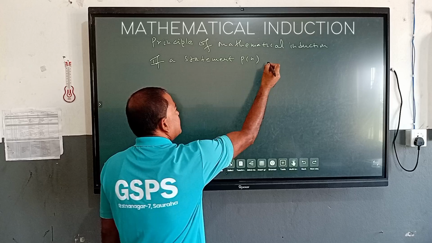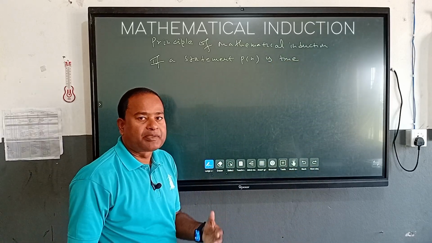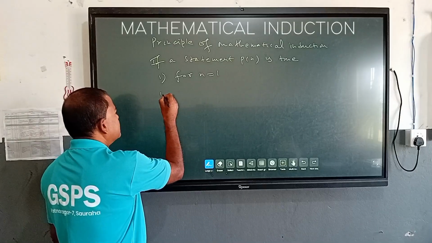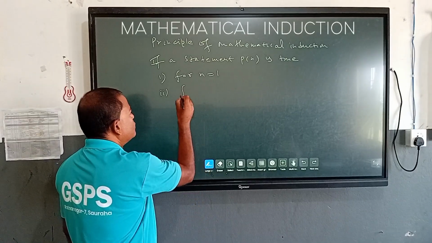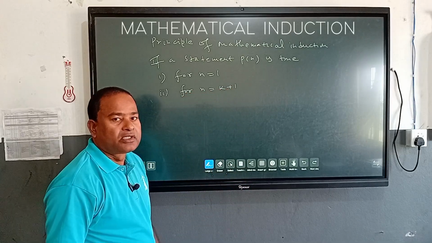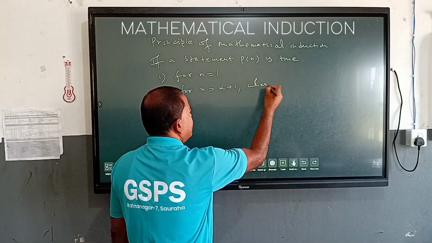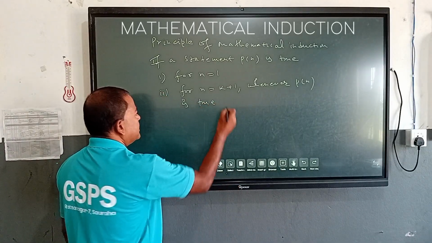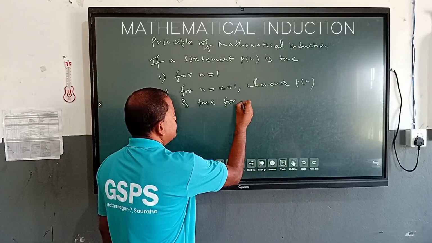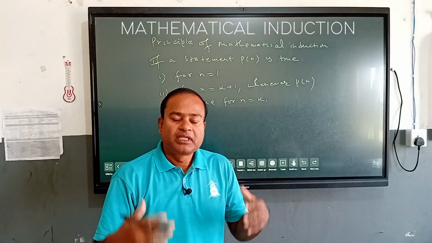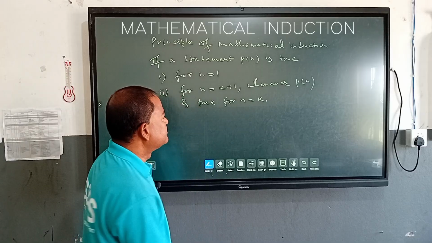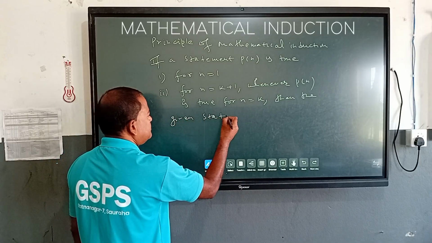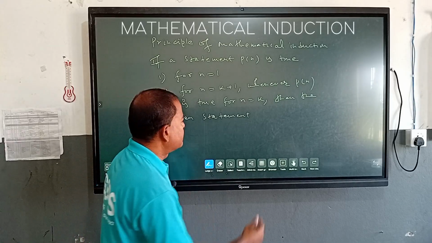If a given statement Pn is true for n equals 1, and again if it is true for n equals k plus 1 whenever Pn is true, that means the given statement is true for n equals k, then the given statement Pn will be true for all the natural numbers n belongs to N.